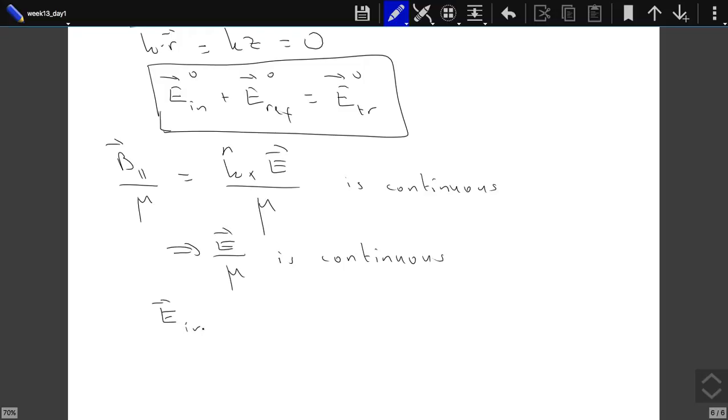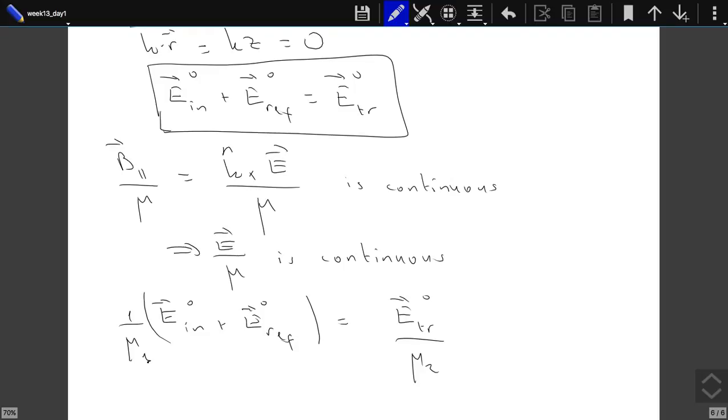This basically tells me that E incident 0 plus E reflected 0 over mu1, mu2... Do you agree?